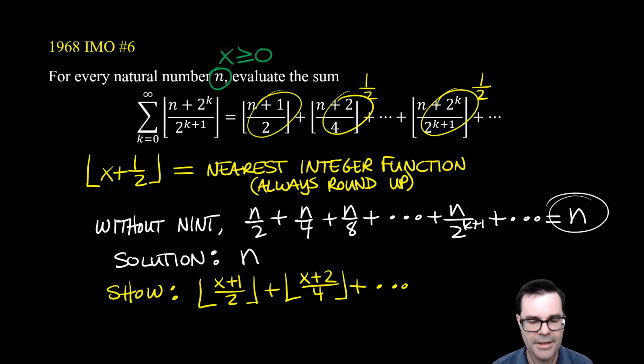You can see why, because each of these terms is going to be an integer, so there's no way that I could add up a bunch of integers and get just any real number. But it does add up to the floor of x. So if x happens to be a natural number n, then of course this agrees, because the floor of n is just n, which agrees with the solution to the problem. But we're going to show this more general statement.